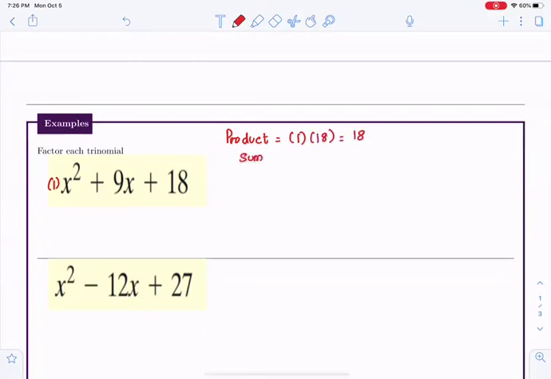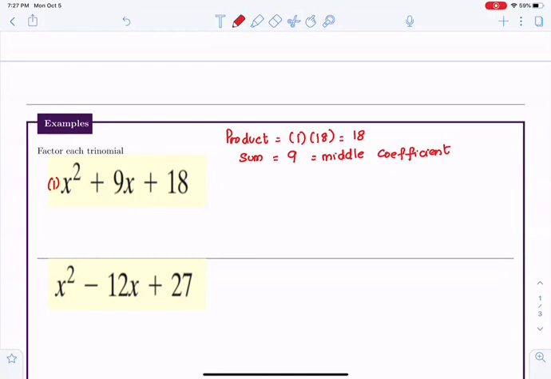The sum must equal 9, which is the middle coefficient. So we've got to come up with two numbers, which when I add, I get 9, and which when I multiply, I get 18.